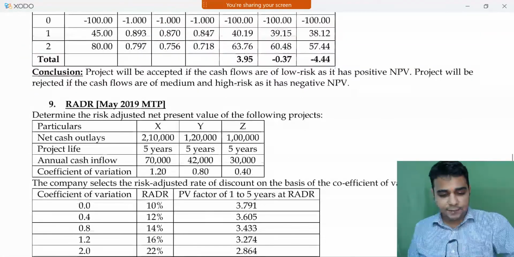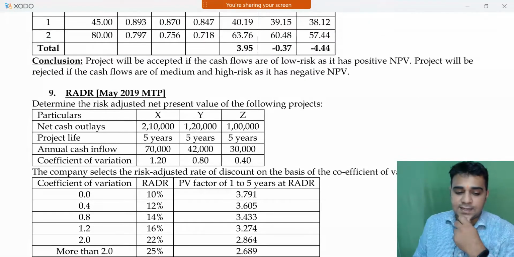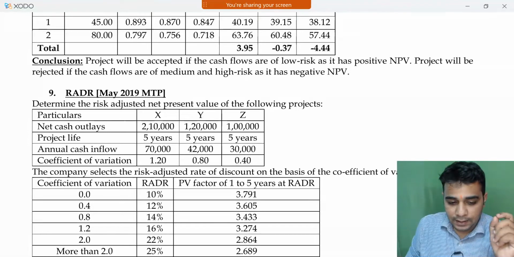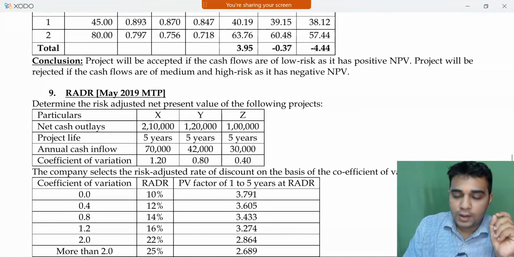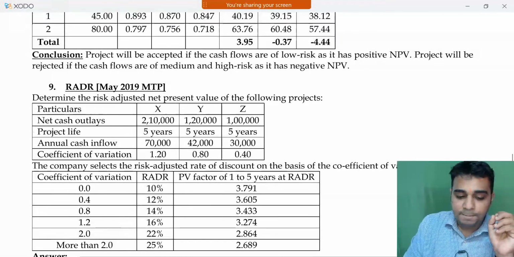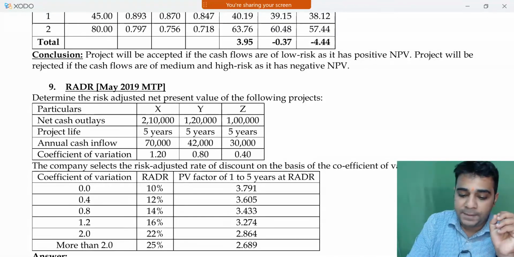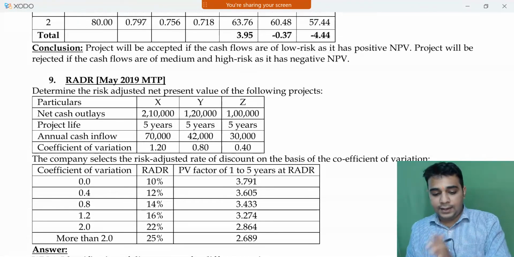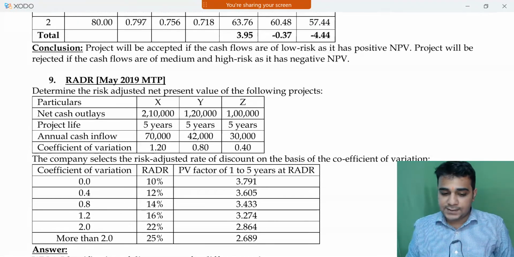Okay, let's come to 15. Determine the risk adjusted NPV of the following projects: XYZ, outflow, life, inflow, coefficient of variation. Company selects RADR on the basis of coefficient of variation. Coefficient of variation, RADR, present value factor 1 to 5 years at RADR.